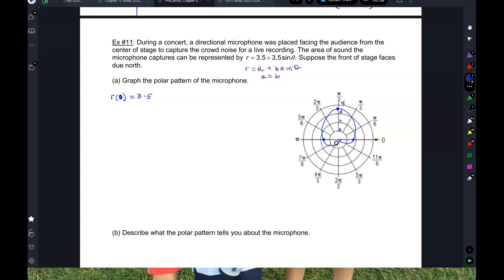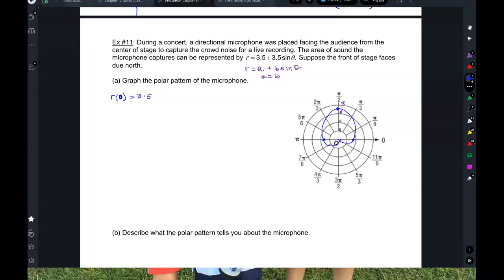Do you see how we did roughly a quick sketch, right? It's a cardioid. It's got a little dimple here. I put in pi over 2, 0, 0. Now, if you want to put in where sine is equal to a half, at pi over 6, this is a half.